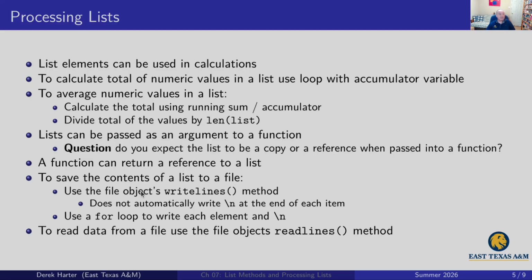Likewise, you can return a list as a result from a function. And as is implied on my slide, if you do that, a reference to the list is returned. But normally that doesn't cause as many problems as modifying a list that's passed in as a parameter, because normally you create a new list and then return it.